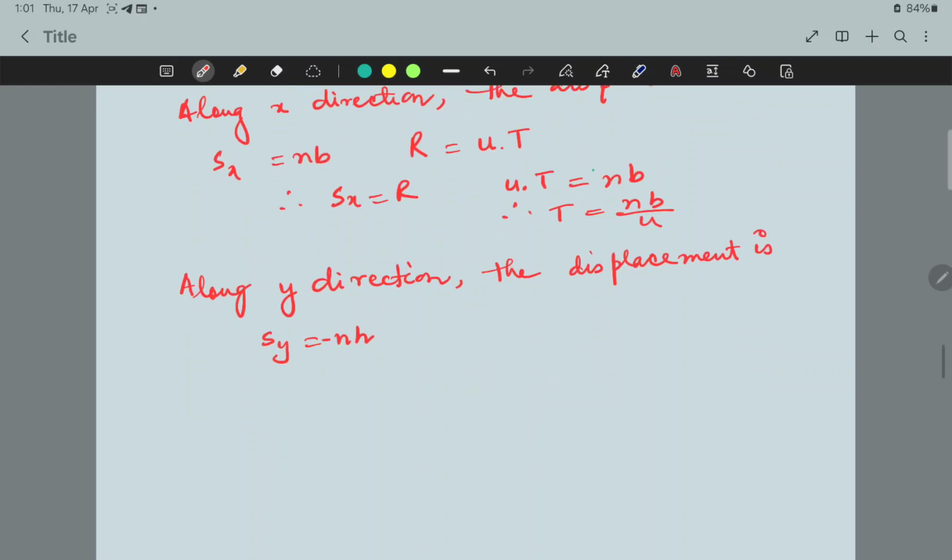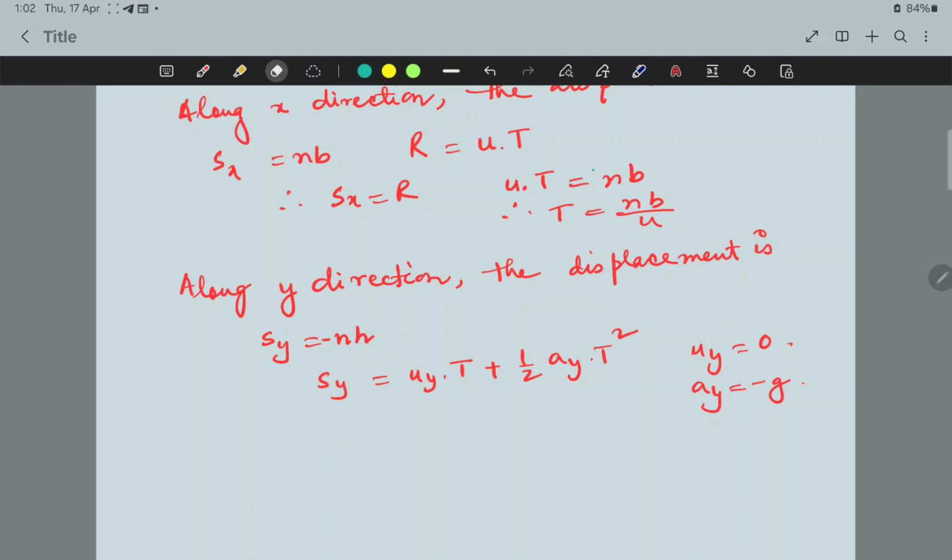Okay. Now for displacement along the y direction, let's write the equation. That is sy is equal to uy multiplied by t plus half ay into t square. uy we know is 0, ay is minus g.